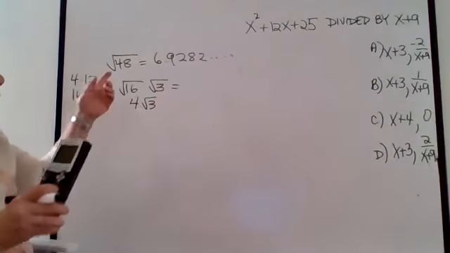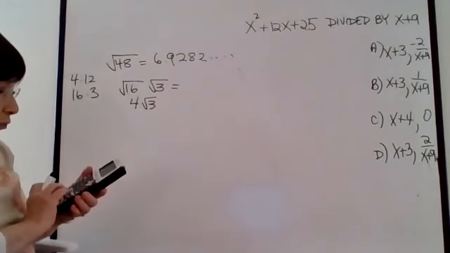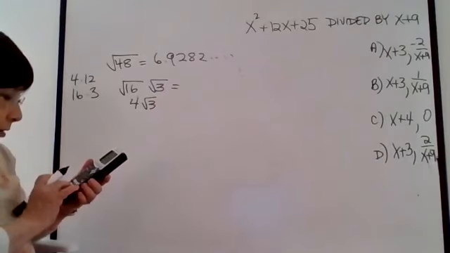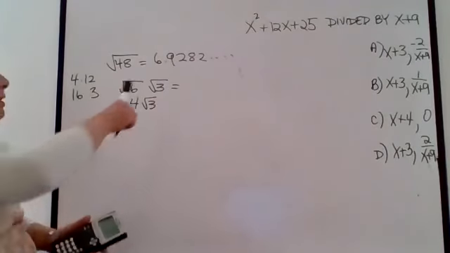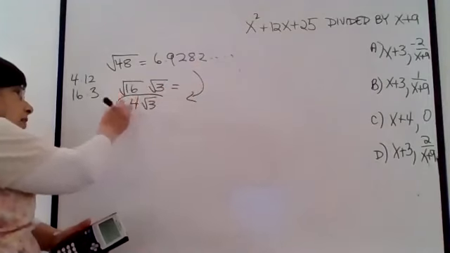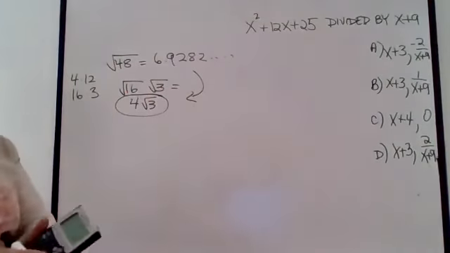If I put in 4 and then the square root of 3, it comes out to be exactly the same thing. But the simplified version of the square root of 48 is 4 radical 3.